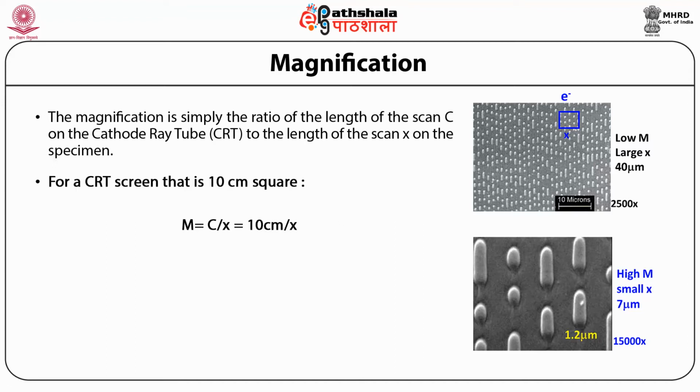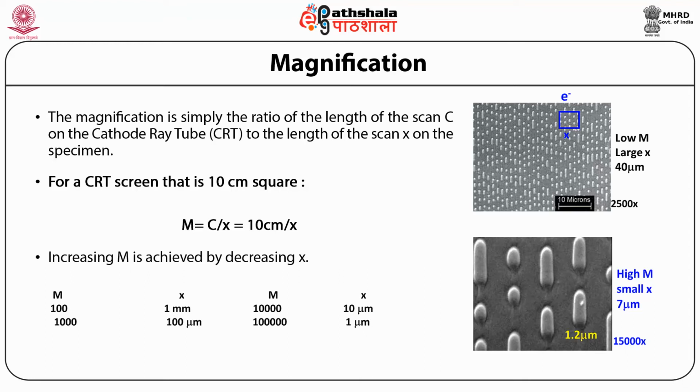So for a CRT screen that is 10 centimeter square, we have M equal to 10 centimeter by X. So increasing M is achieved by decreasing X. If we want M to be 100, we should have X as 1 mm, and if we want M to be 100K, then X should be reduced to as low as 1 micron.